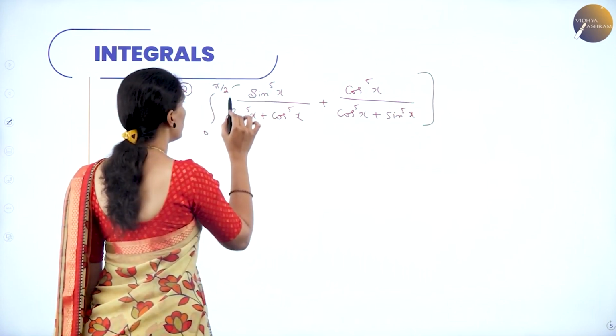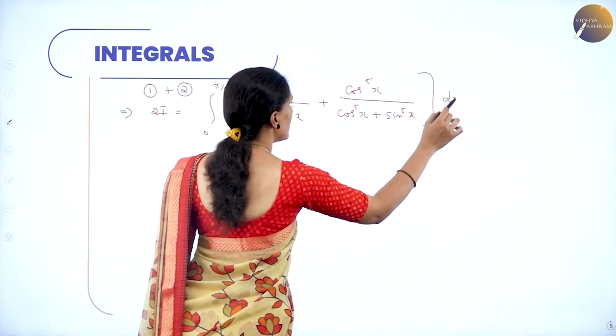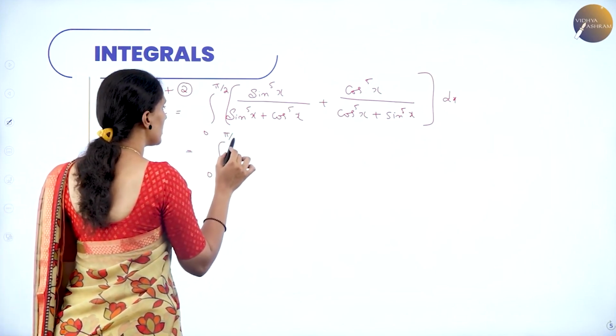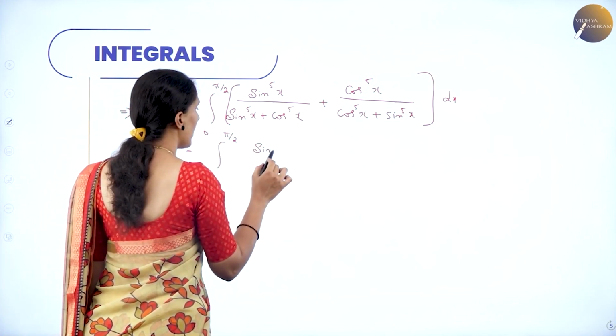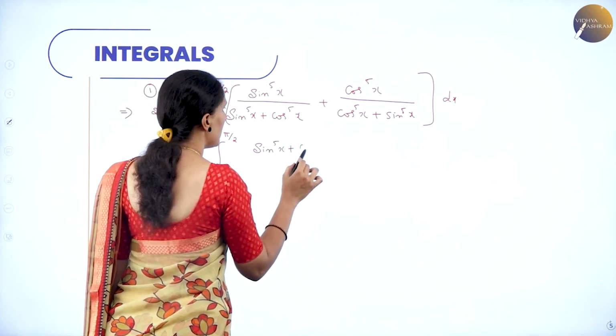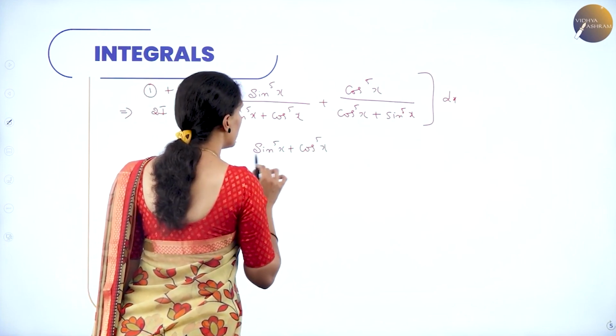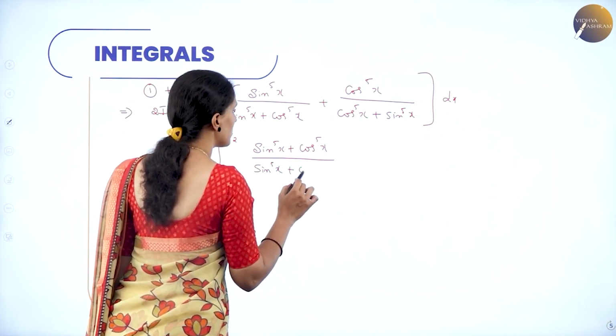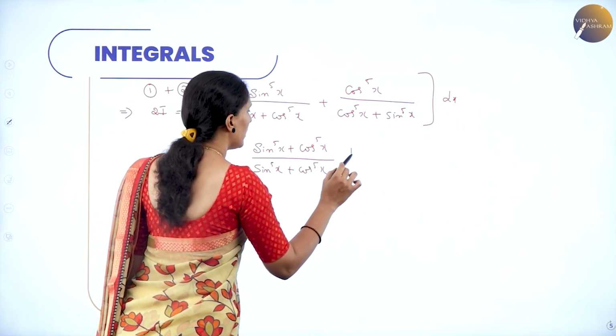With respect to dx, since the denominator is the same, I can add the numerators. So it becomes sine power 5x plus cos power 5x divided by sine power 5x plus cos power 5x dx.